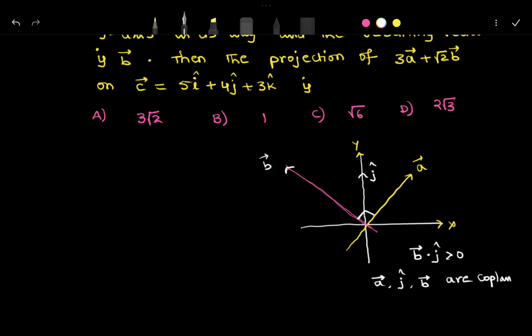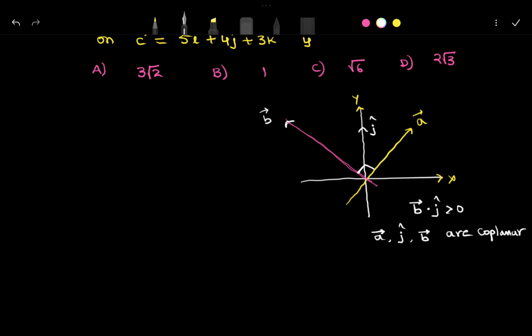I hope everyone is clear. If three vectors are coplanar, one vector can be expressed as a linear combination of the other vectors. So you can write b bar equals lambda into a bar plus mu into j bar.